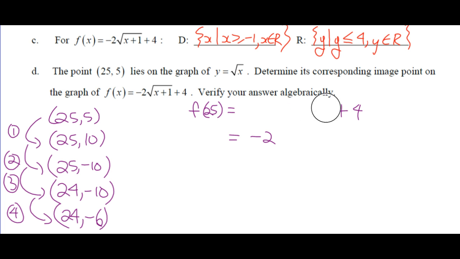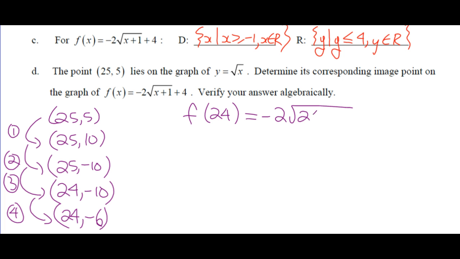Yeah, actually, sorry. Yeah, verify the image point. Yeah, so f of 24. Sorry. Negative 2 root (24 plus 1) plus 4. Okay, so we'll verify that that gives us a 6.